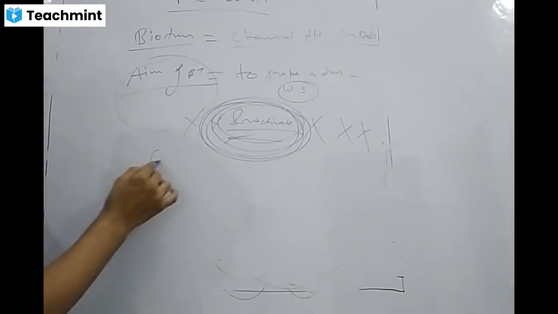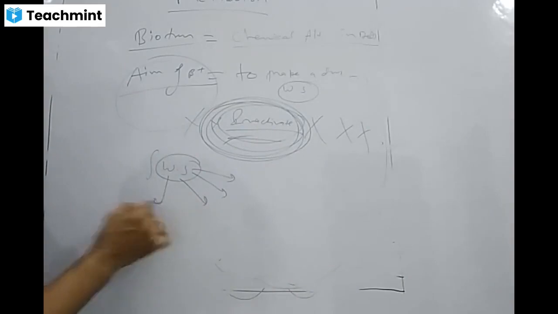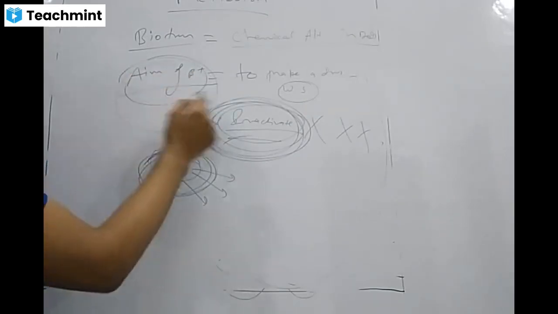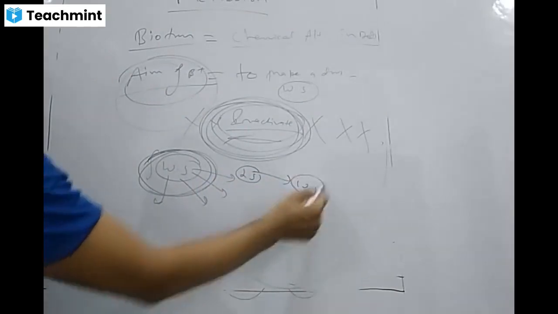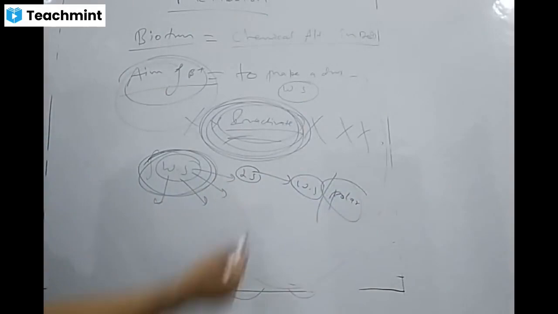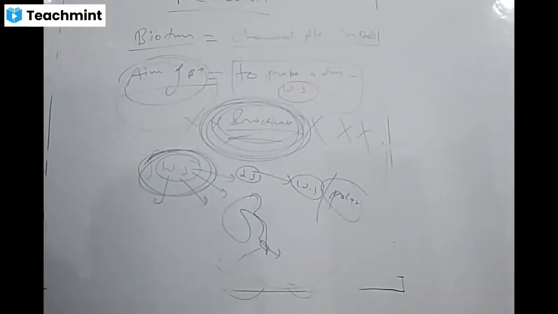It simply knows that I will make it water soluble and throw it out of my body. So biotransformation will convert this lipid soluble drug into water soluble, or into a polar molecule, so that the kidney will remove it out of the body.